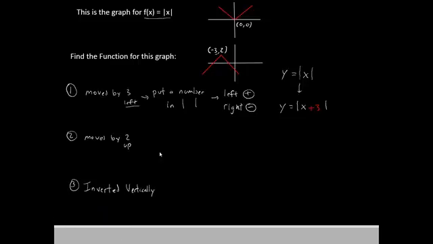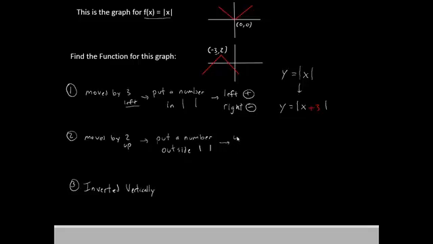Now on to our second operation. We've moved it upward by 2. If you want to move something up or down, you have to put a number, not in the pipes, but outside the pipes. Alright.